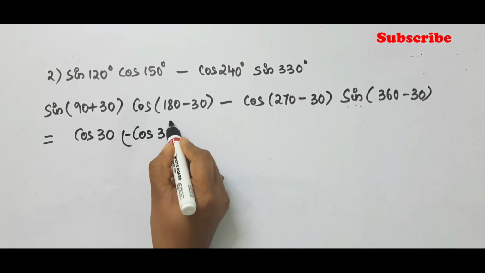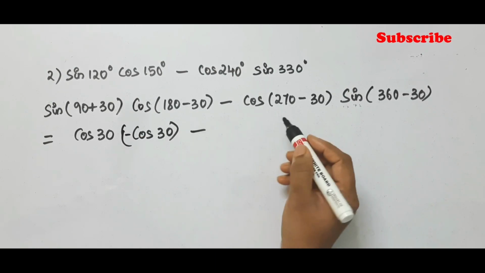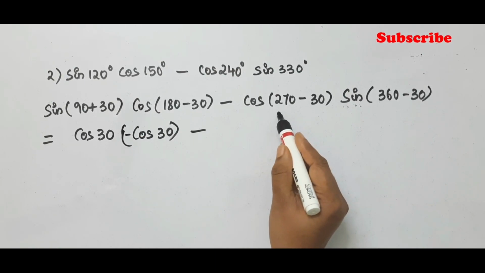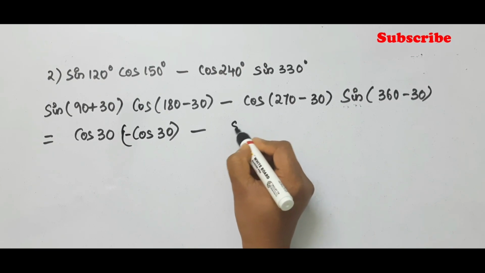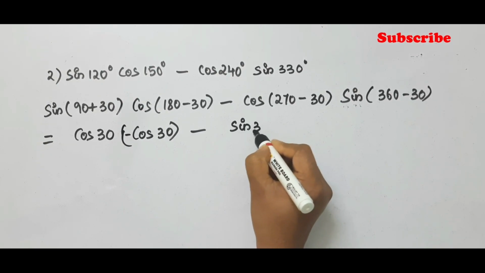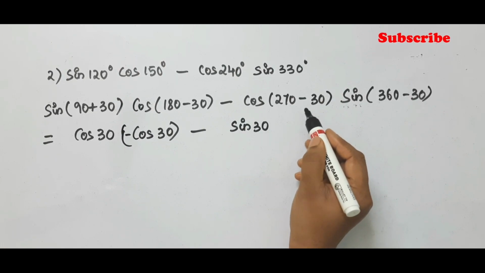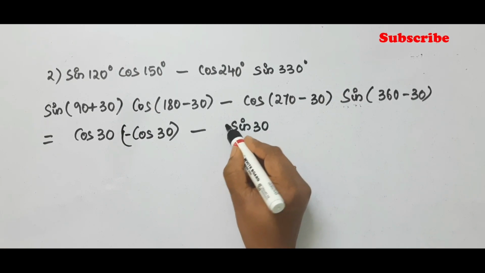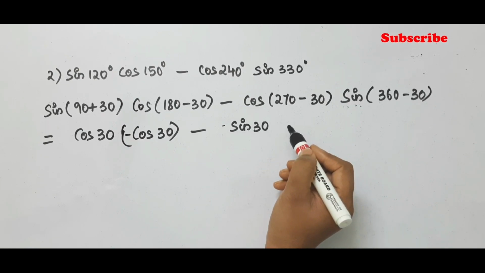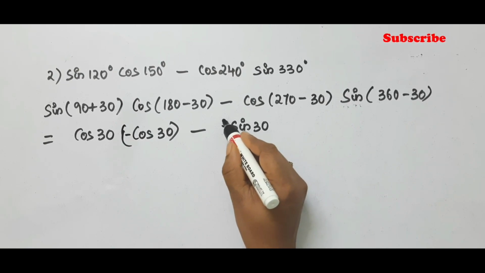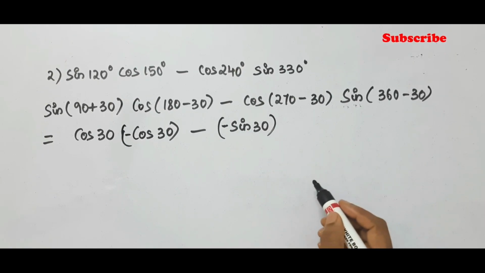So minus cos 30, minus, this can be written as cos of 270. Cos of 270 changes to sine 30, and 270 minus theta means it will be in the third quadrant. In the third quadrant, tan and cot will be positive and the remaining all will be negative. So this will be negative.